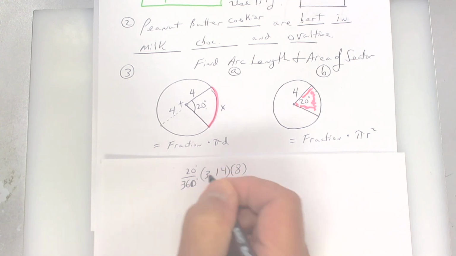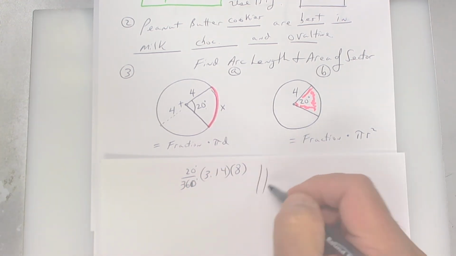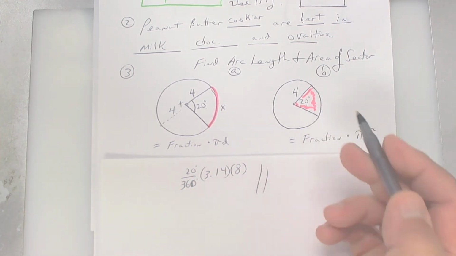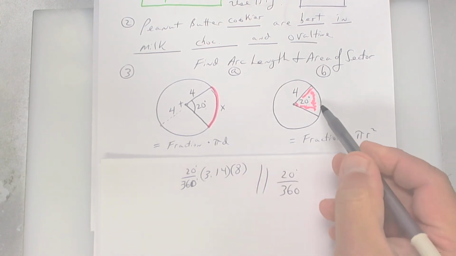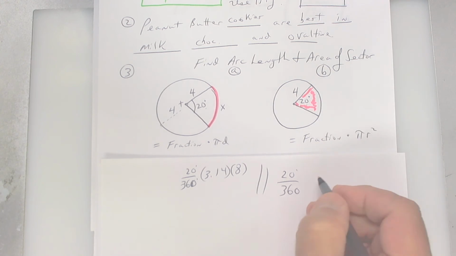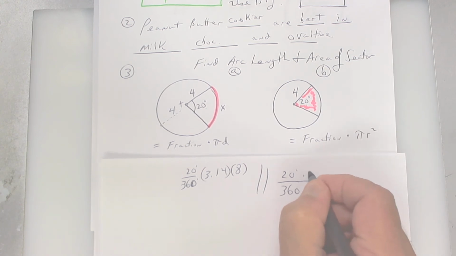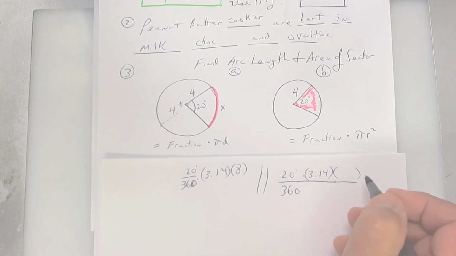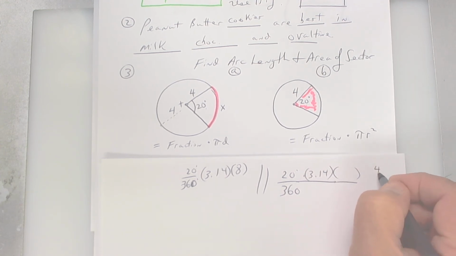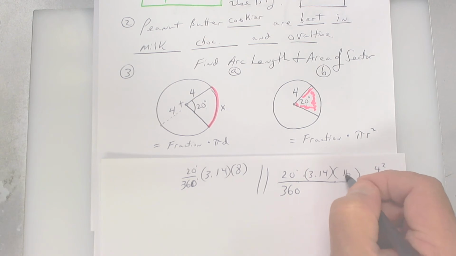And then you work that out. And we'll work it out in a minute, but let's set this other one up. The fraction is still going to be 20 degrees over 360. But here you're finding the area of the sector, so you're going to do pi, so times 3.14, and then times the radius squared. The radius is 4, so 4 squared is 16.